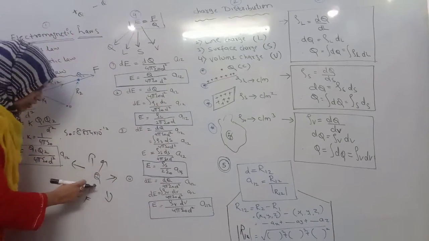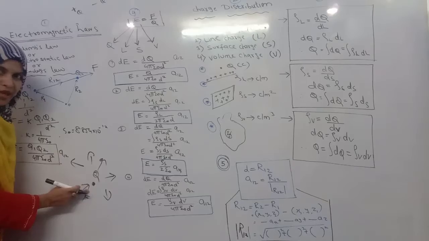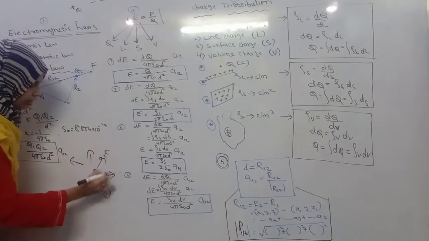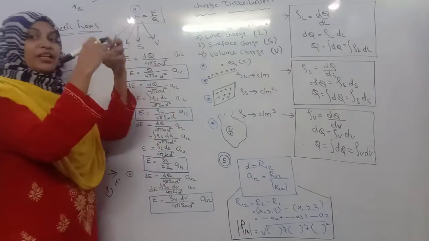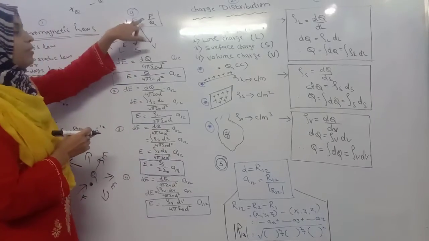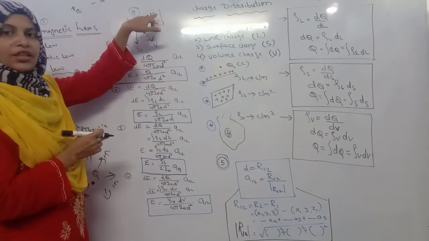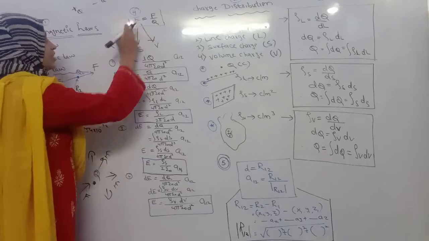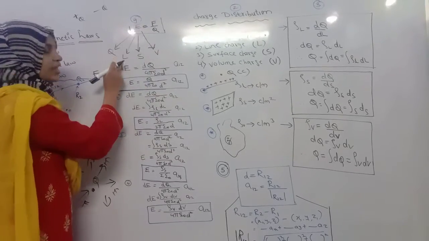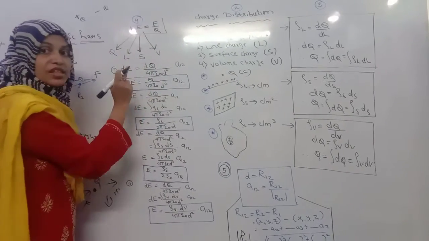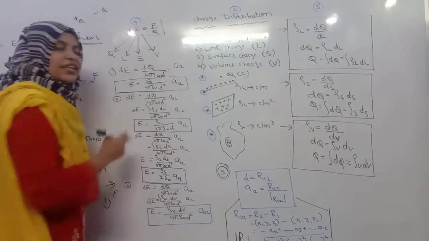Positive, negative charges, the force F will be exerted, creating various intensities or illuminations. So E is nothing but the force divided by the charge. This intensity is related to the charge, to the length, to the surface, as well as to the volume.